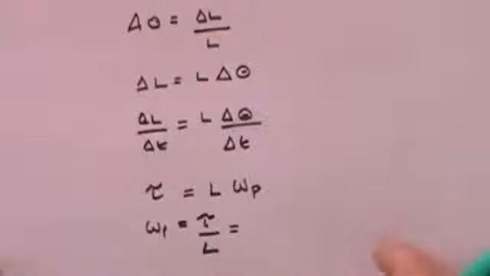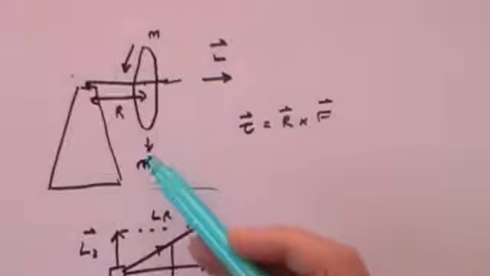Tau is the force. Sorry, tau is the torque, which is force times distance. If we go all the way back up here, we can see that the force is mg and the distance is r, that is the distance to the pivot point.